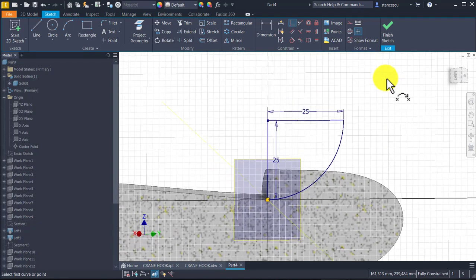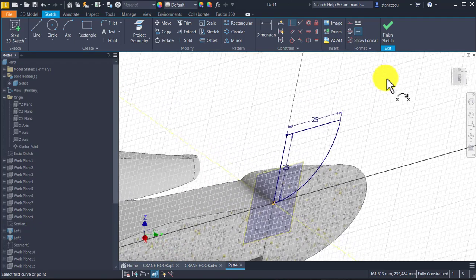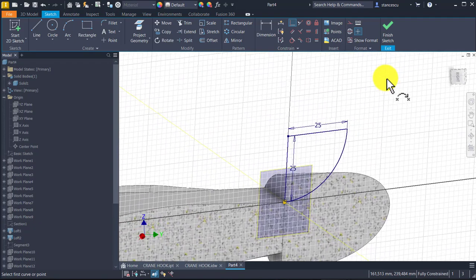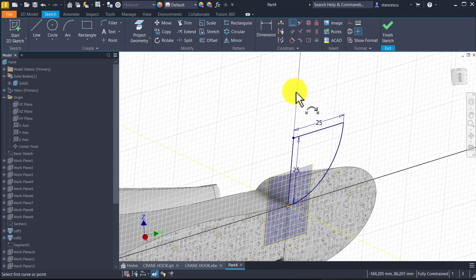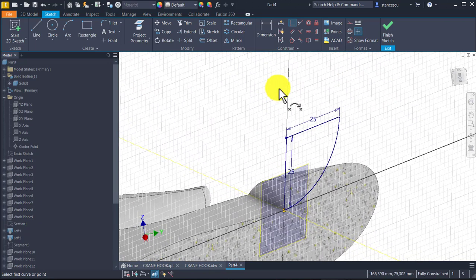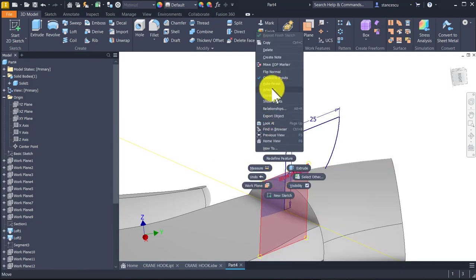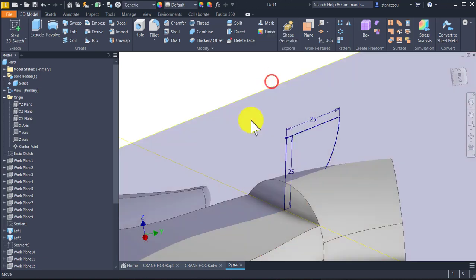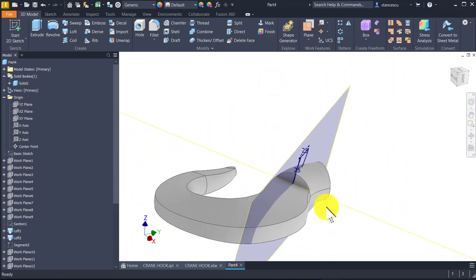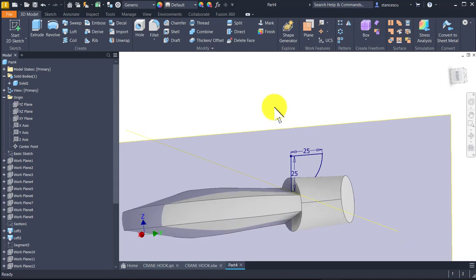Let's have a better view. You see what happens. Okay, finish, then extrude. We can enlarge this plane always. Auto resize to have a better image eventually.